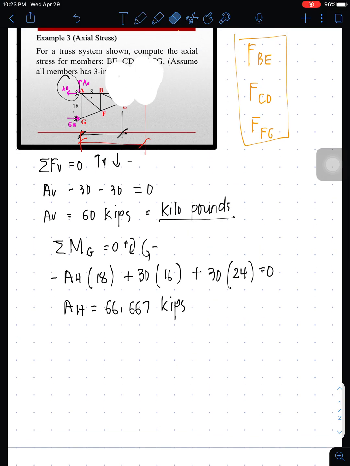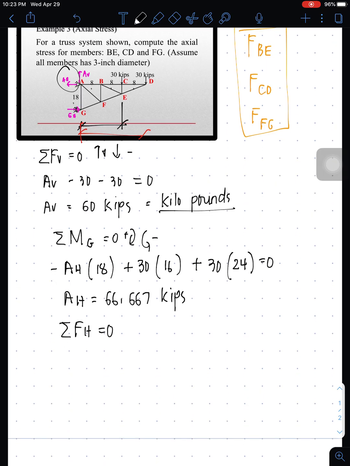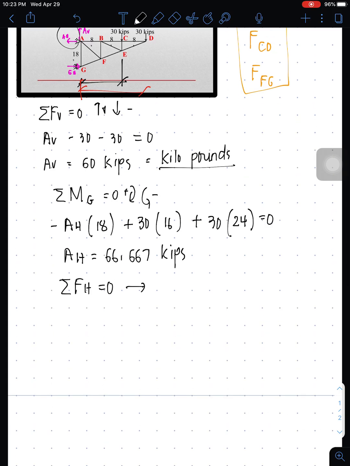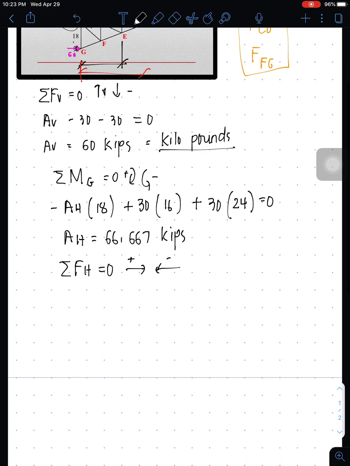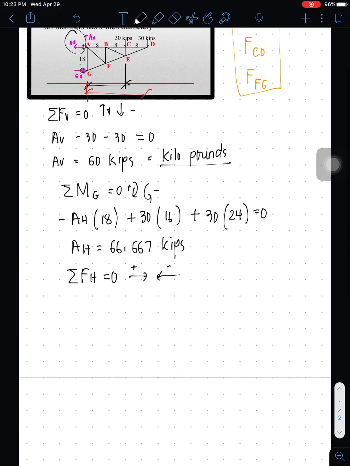Let's solve for GH. How do we solve for GH? Solving for GH, we can now have summation of forces horizontal since AH is already known. To the right positive, to the left negative. So what are the forces for horizontal? Only GH and AH.